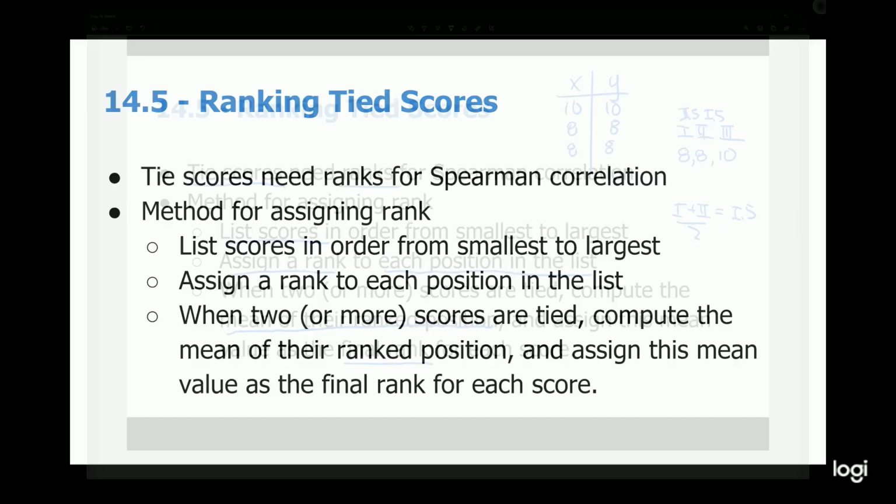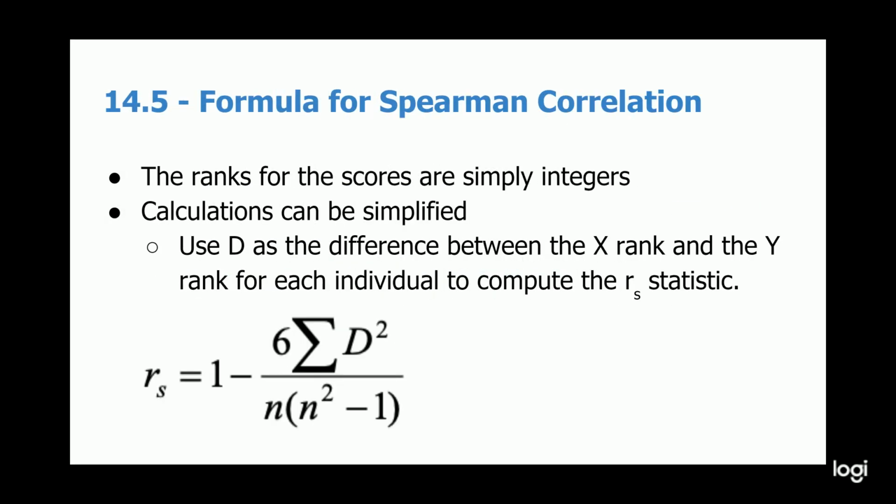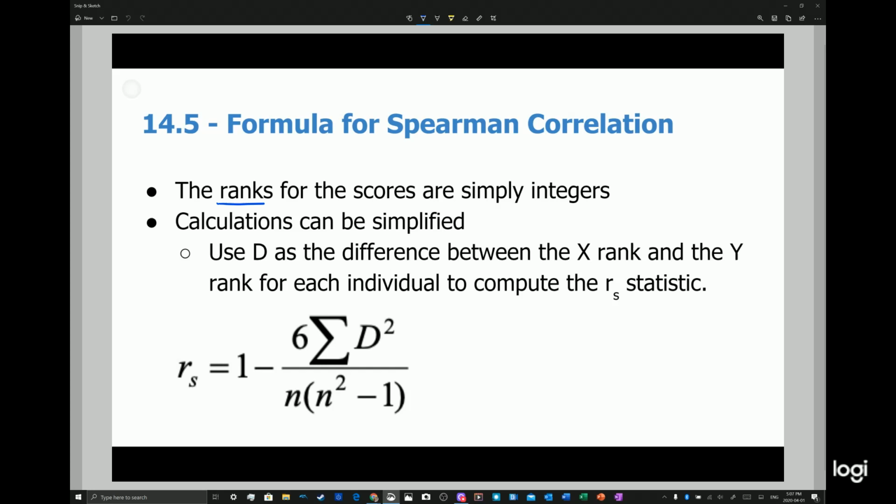But here is a demonstration now. Using the formula for the Spearman correlation, we're going to turn the ranks into simple integers. And you can simplify the calculations, and the D here, D stands for the difference in the ranks between X and Y. And when you do, the table itself will be ranks.